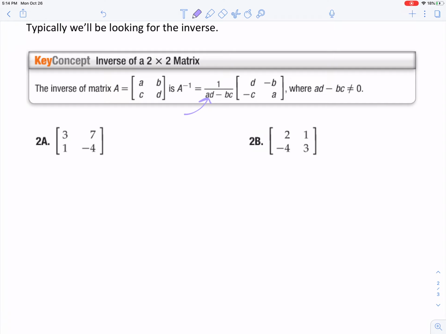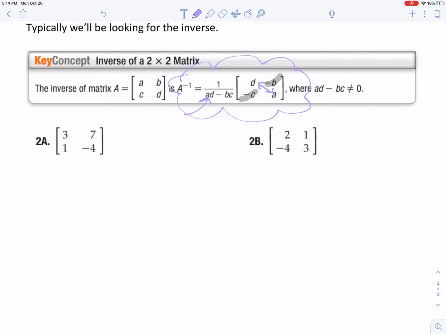And then check this out. You're going to multiply that fraction by taking those 2 numbers and swapping them. And then this stuff is just going to switch the sign. If it's positive, make it negative. If it's negative, make it positive. If I were you, I would have this written on my notes or note card.